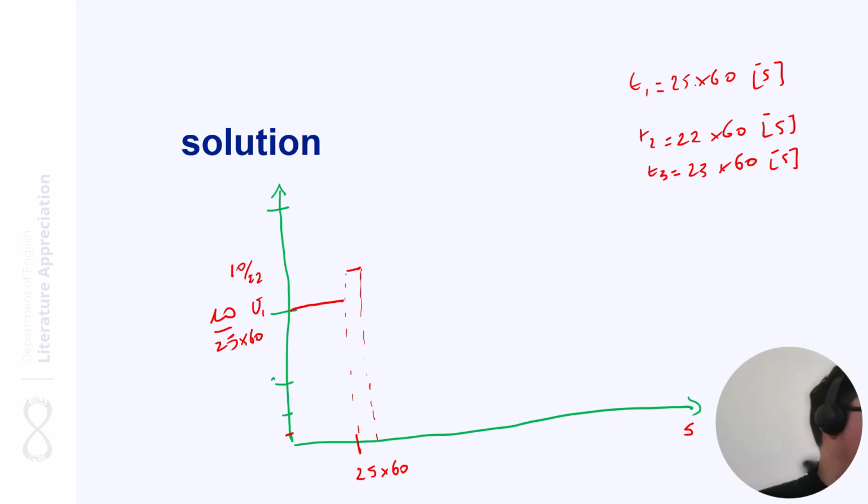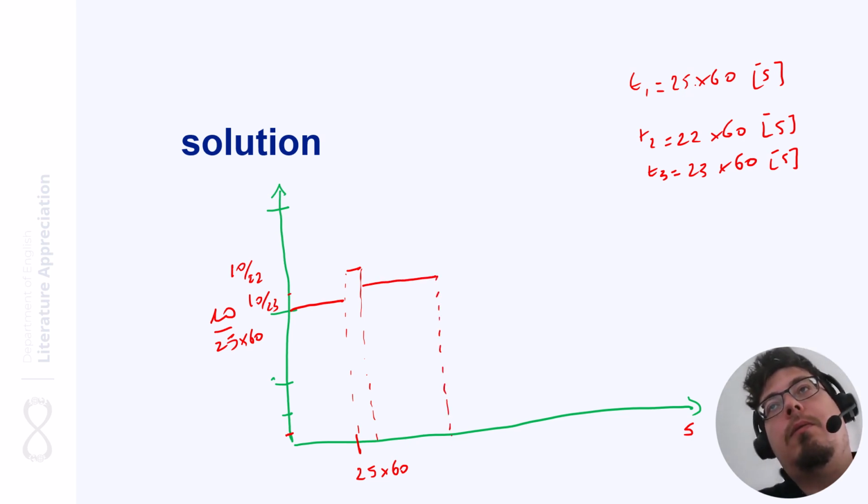And then for the other 2 kilometers, it goes 10 divided by 23, something like this.